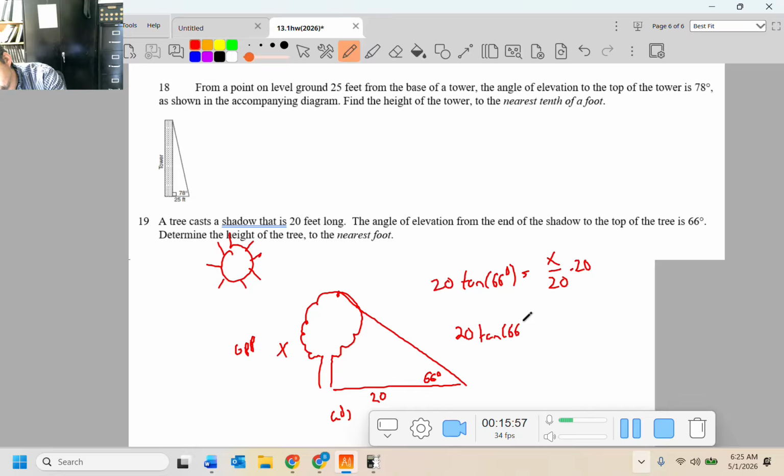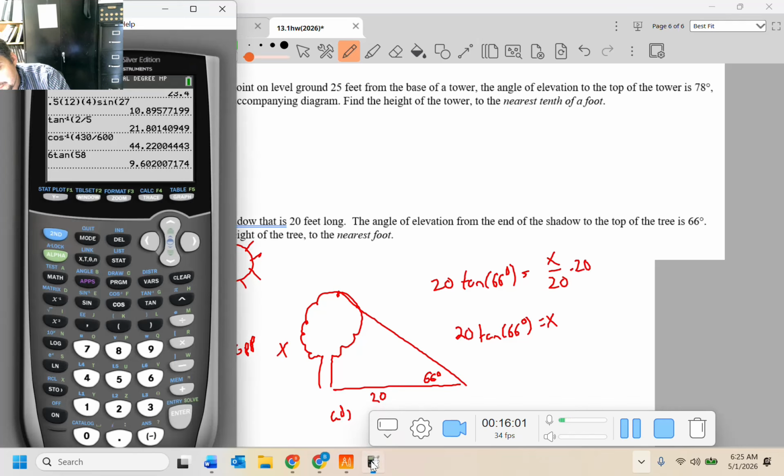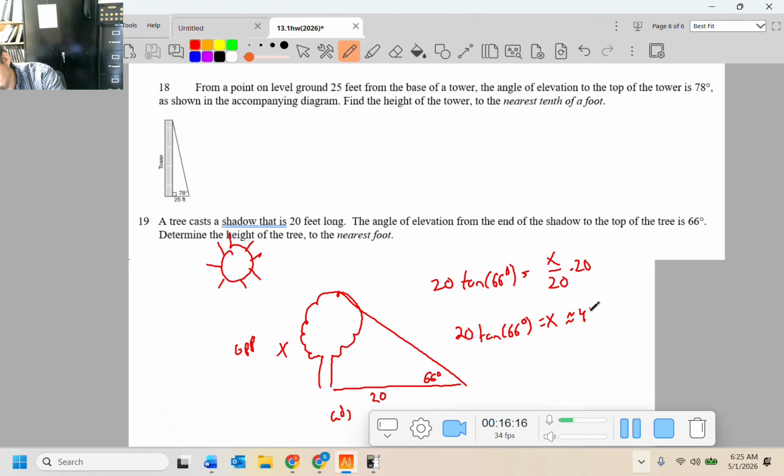It's a one-trick pony is all it is. 20 tangent of 66, and my tree is about 44.92 feet tall. And they want us to round that to the nearest foot. 45 foot is the height of my tree.